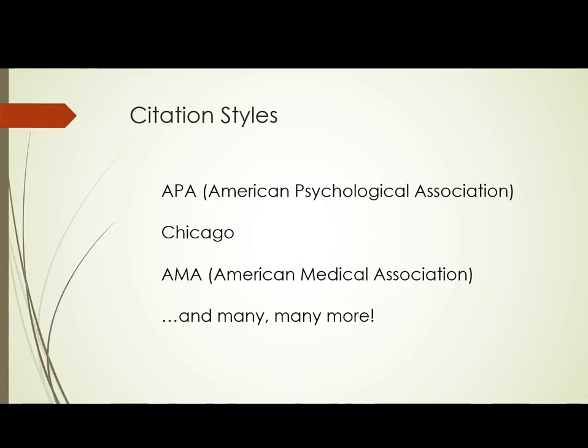And then one other example I threw out is AMA, which is American Medical Association. So if you're looking at a report that a doctor published after researching in a hospital, he or she would be using the AMA citation style. And there are many, many more, because these are professional organizations, so many professions have their own styles.